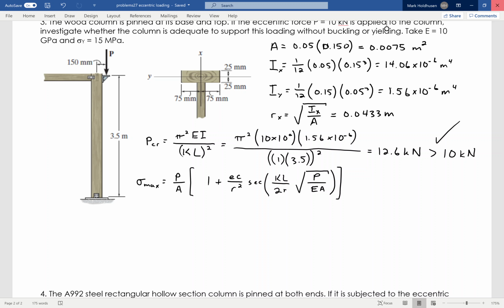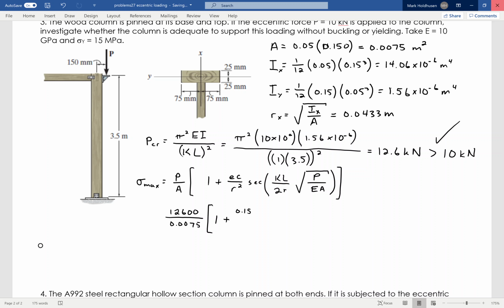So we'll put it all the way to the max and say, okay, 12.6. Actually, let me not use 12.6 because I want it in newtons. 12,600 divided by the area, 0.0075. Okay, times 1 plus the eccentricity of 0.15.